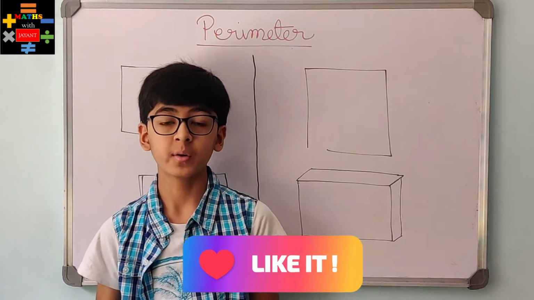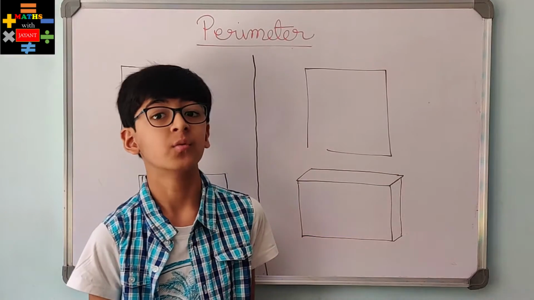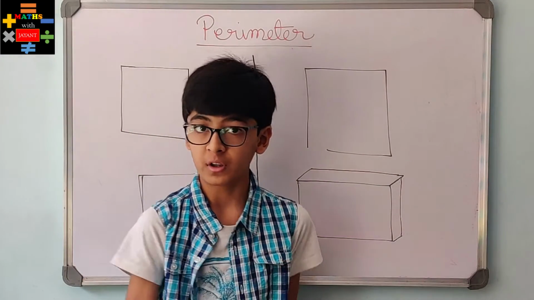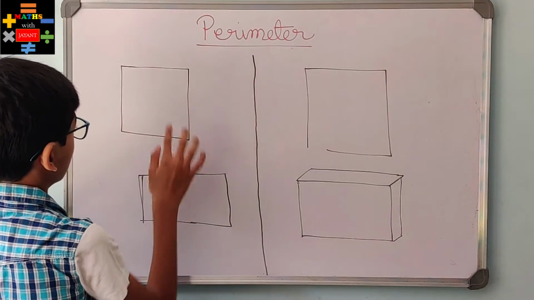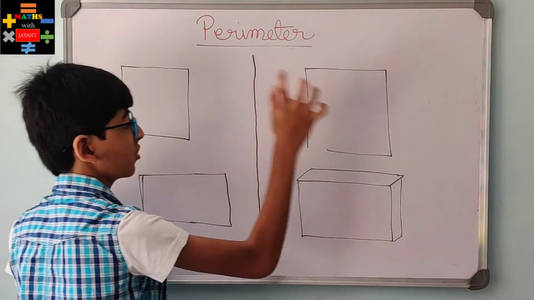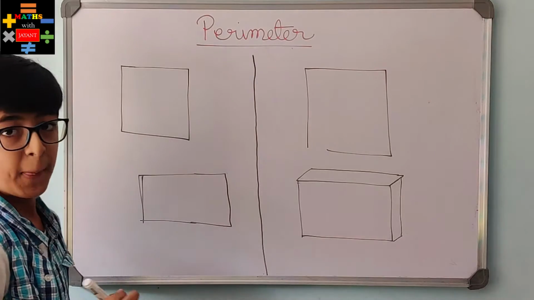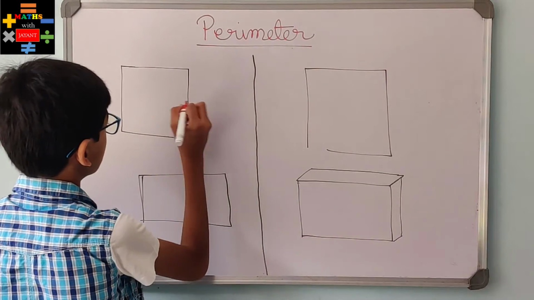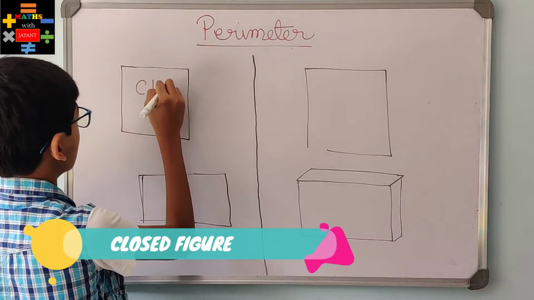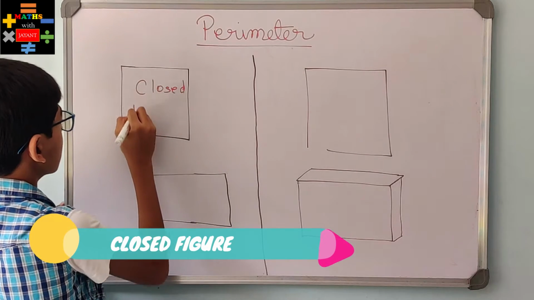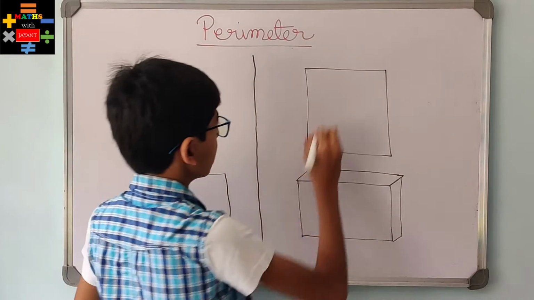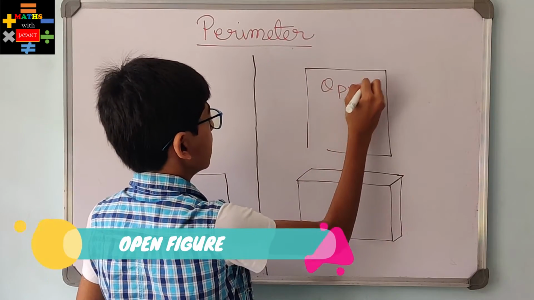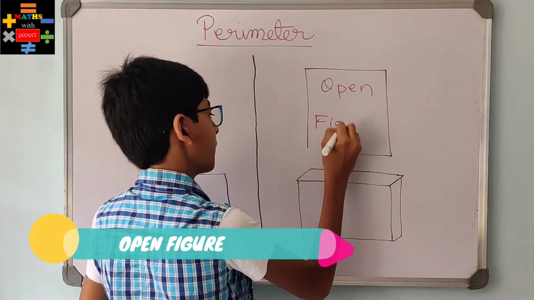Now, let us have a look at where perimeter exists and where it does not exist. Over here, what can you see as the difference between this shape and this shape? We see that this shape is a closed figure, or a closed shape, and this is an open figure or an open shape.